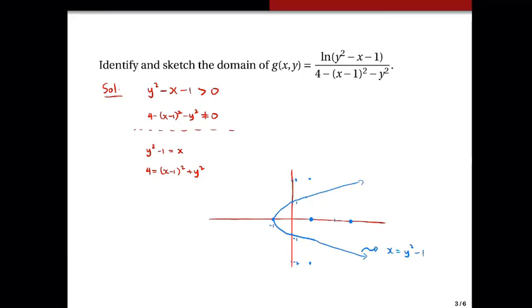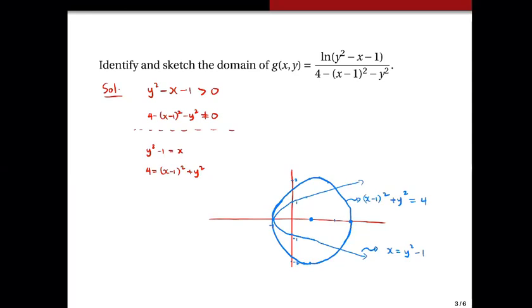And then let's just sketch the circle. Pretend that I have sketched the circle correctly. So this is your circle part: x minus 1 squared plus y squared equals 4.